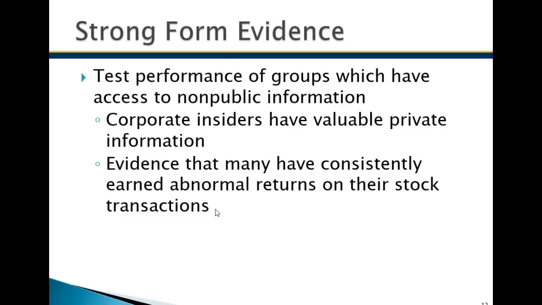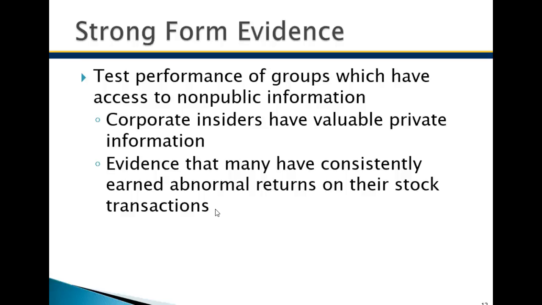If they had this inside information, and the stock price does not change until the information is released, then the strong form is true, meaning that the inside information exists, people know about it, however, the stock is not changing because of it. It's still kind of confusing the way I'm saying that. Let me restate it just for clarity.